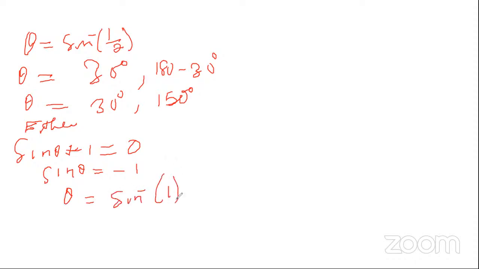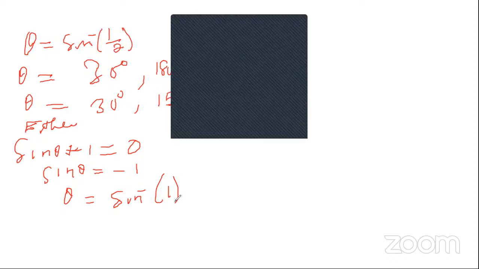I told you the negative only tells us where the angles lie in our quadrants. So what is sine inverse of 1? 90. Yes.